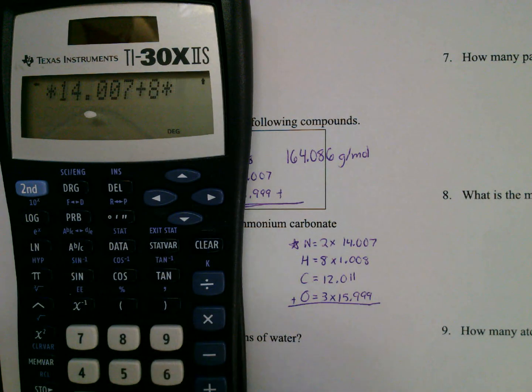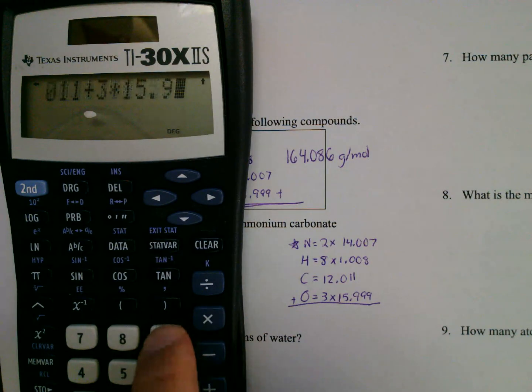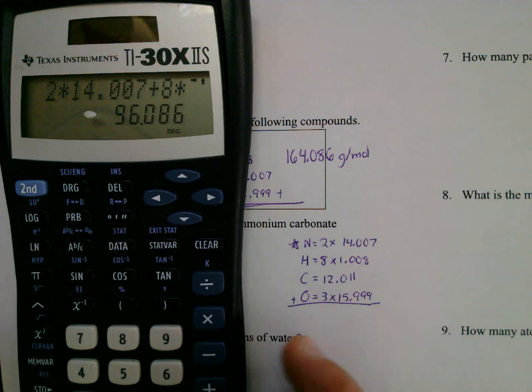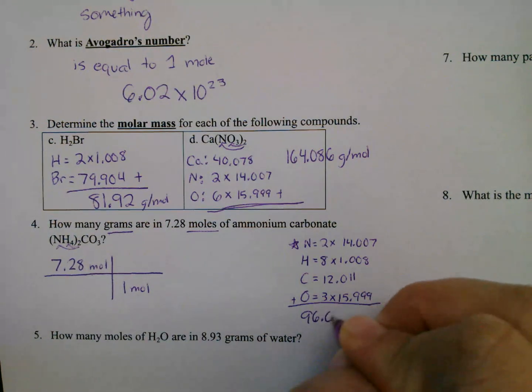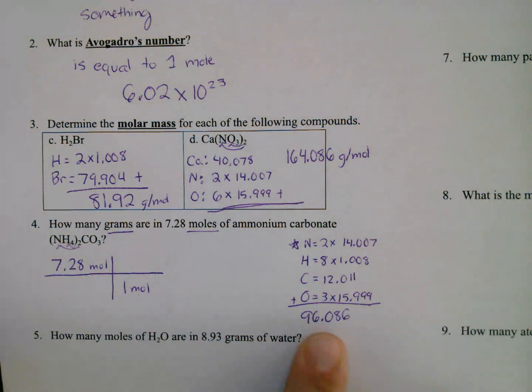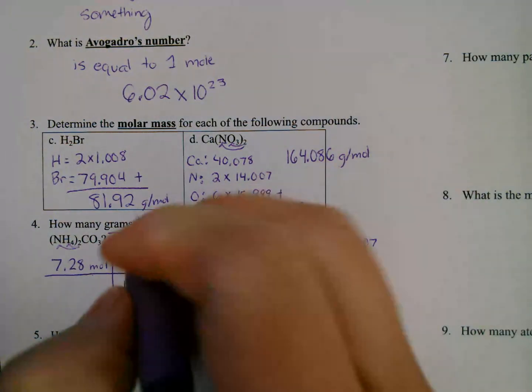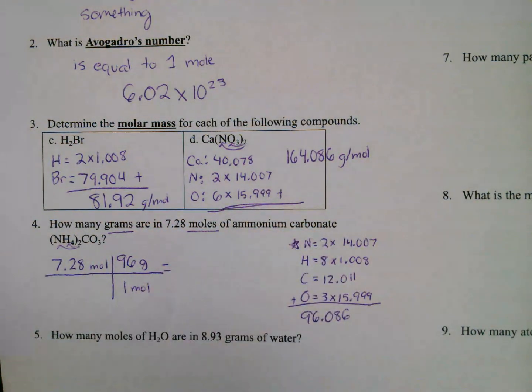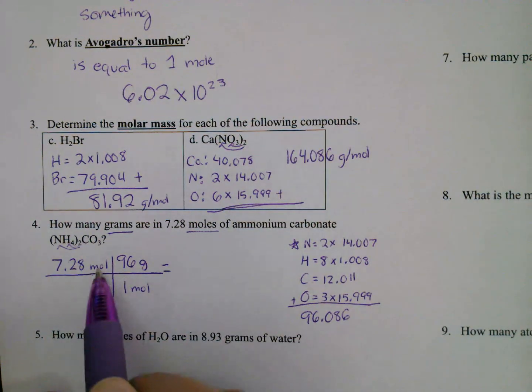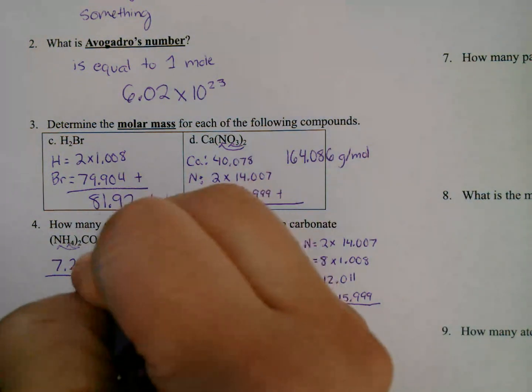Plus 8 times 1.008 plus 12.011 plus 3 times 15.999. That's going to be 96.086. So I'm just going to simplify that to 96 in my box. 96 grams. When I'm solving these problems, I'm going to multiply the ones across from each other.